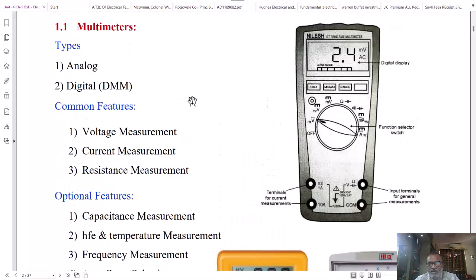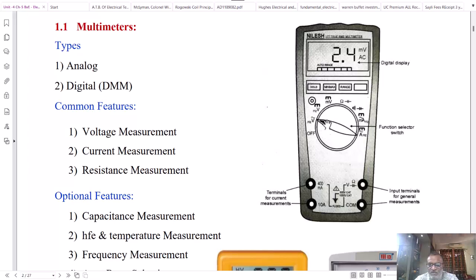If you see the diagram of the multimeter that is shown here, you will see this is an LCD display on which the readings are displayed in digital form. There is a parameter selector switch that can select a particular parameter to be measured. For example, here the position of the switch shows off.